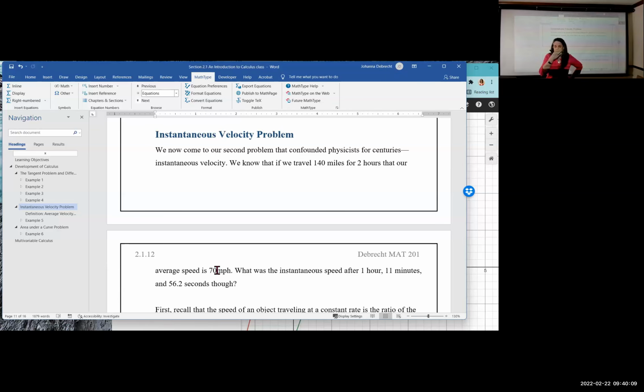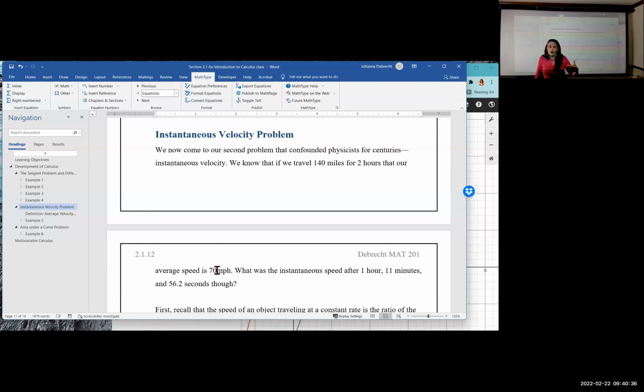All right, so yeah, 70 miles an hour, 140 miles in 2 hours is the average of 70 miles an hour. The problem is, exactly what speed were you going after 1 hour, 10 minutes, and 43.25 seconds? I don't know, right? I have no way of knowing that. I know the average speed, but your speed varies, right?